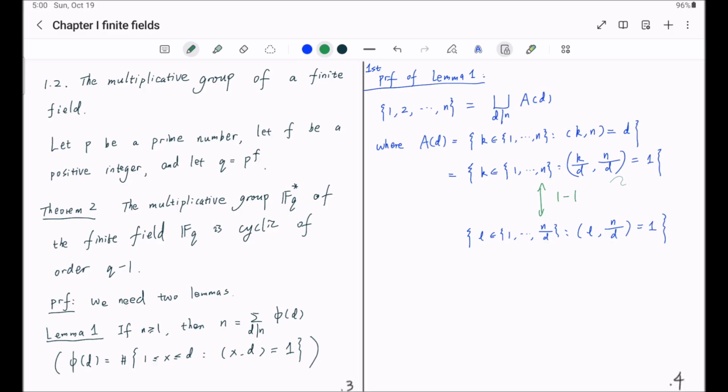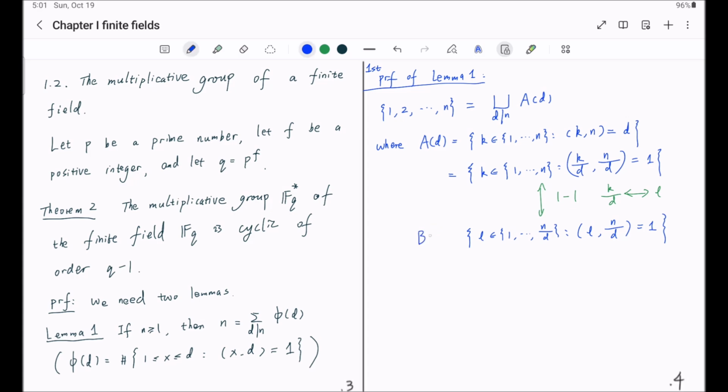Explicitly, this 1-1 correspondence is done through k divided by d corresponding to l. So an element here corresponds to an element here by division by d. And because this is a 1-1 correspondence, those two sets must have the same cardinality.